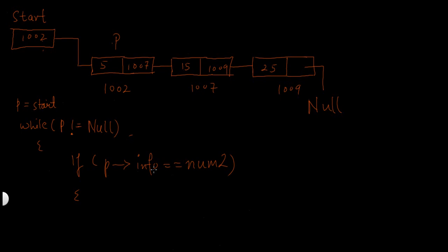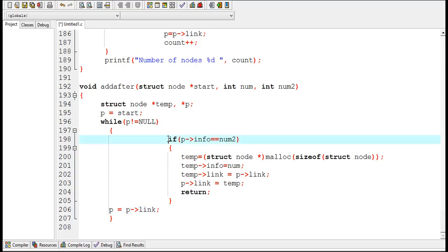Now p info means info part of this node, which is 5, and info part of this node is not equal to num2 because num2 is 15 entered by the user. So if this if condition is false, then all this code will not get executed and the control will move to this statement.